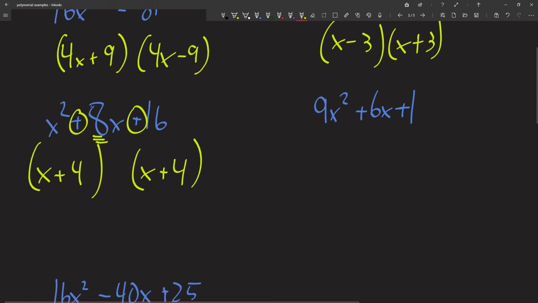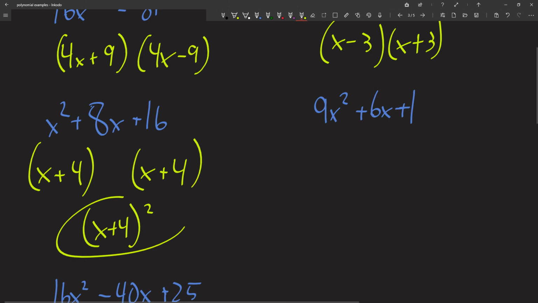So here, x plus 4 is my a and my b, my first term, my second term squared. So noticing that I'm starting with a perfect square, that I'm ending with a perfect square, and that all of my terms are addition, and that my middle is double the root of that number, leads me to that.